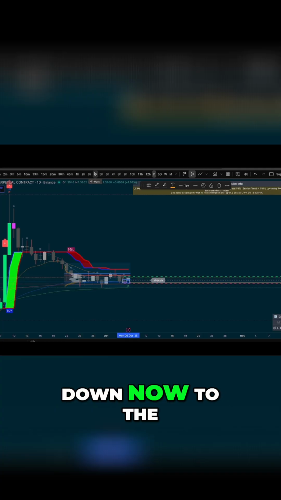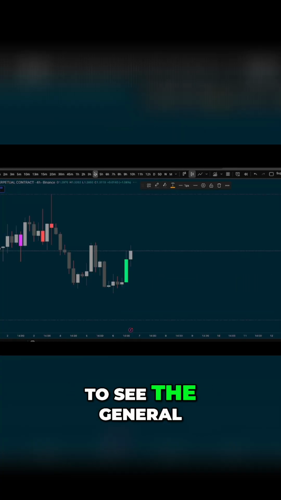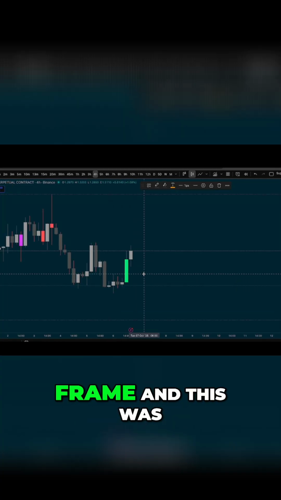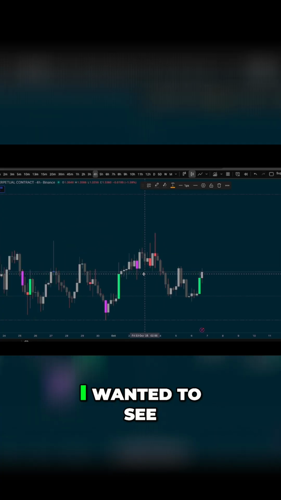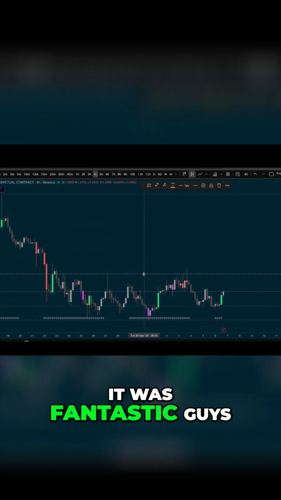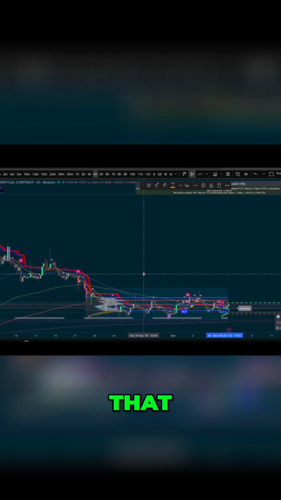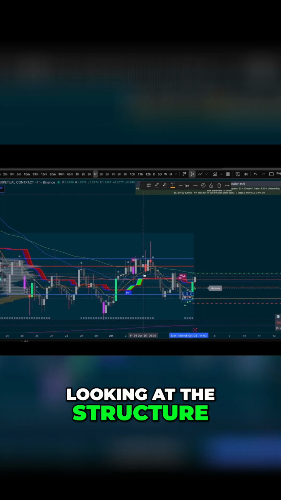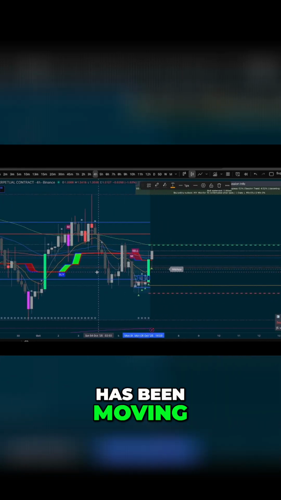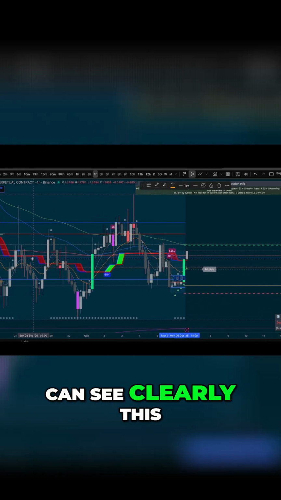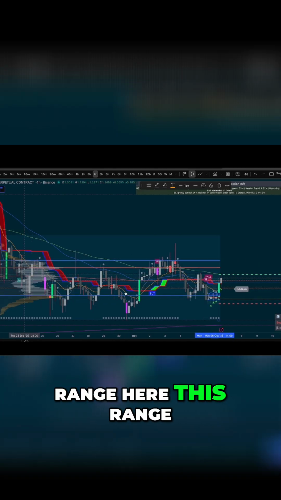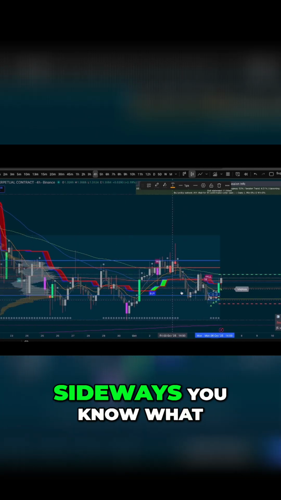And I went down to the 4 hours time frame to see the general structure on that time frame. And this was the general structure that I wanted to see. It was fantastic, guys. You can see clearly that price has been moving in this range, this range sideways. Price is still moving sideways.